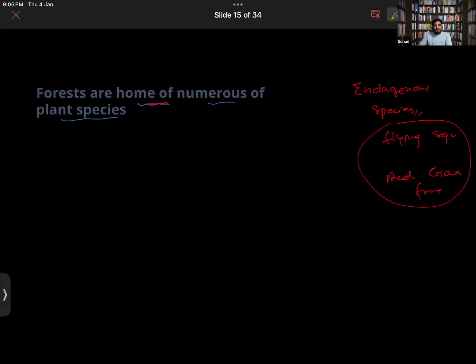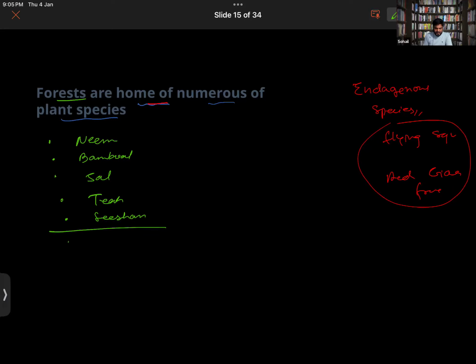Right now, I just told you that forests are home to numerous types of plant species. For example, you have the neem plant, bamboo, sal, teak, sesame. Just to name a few.